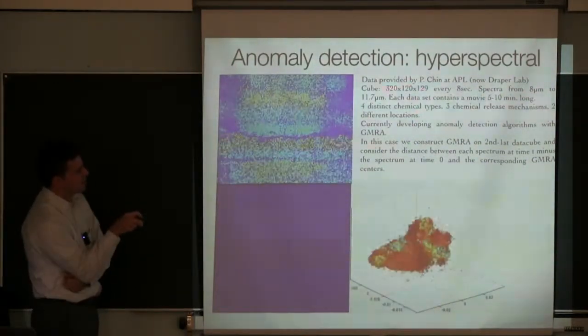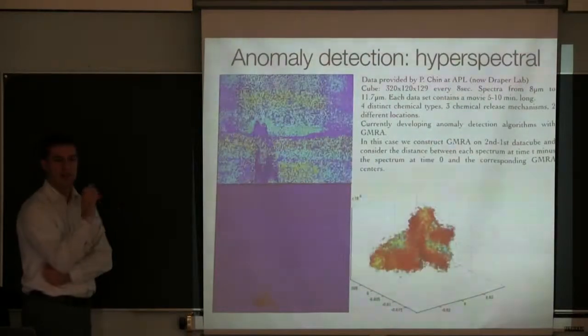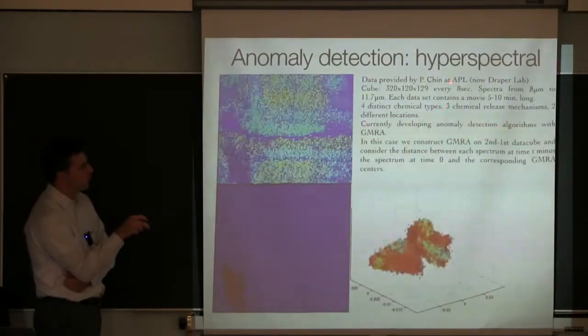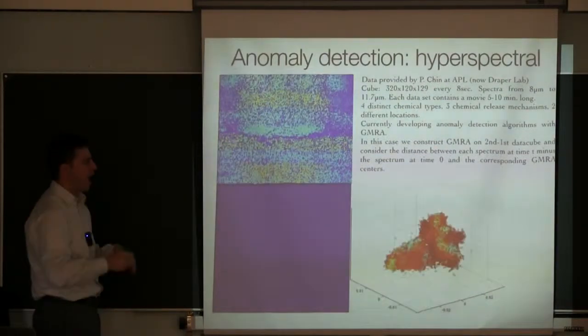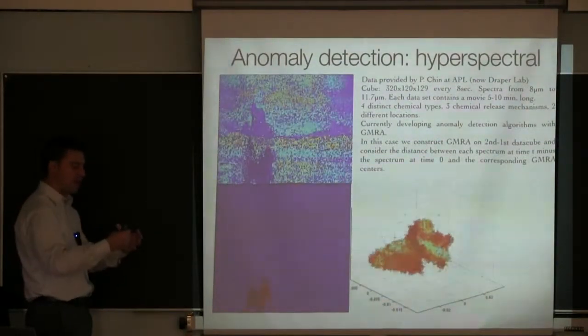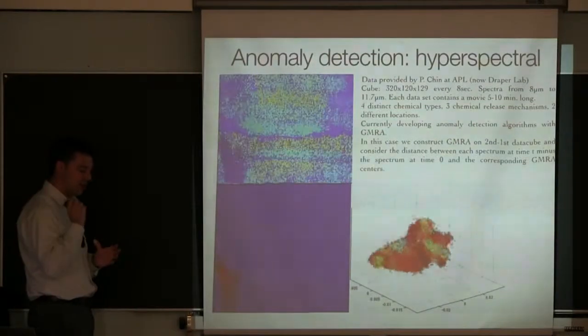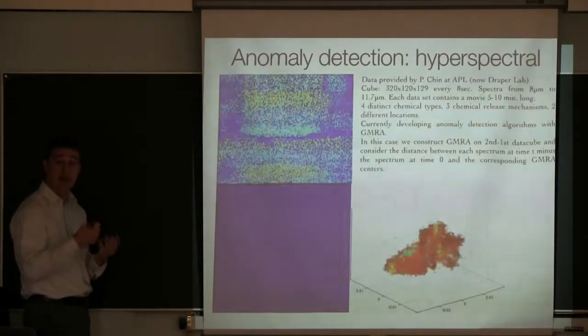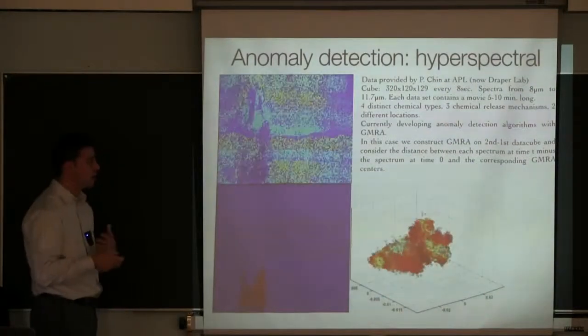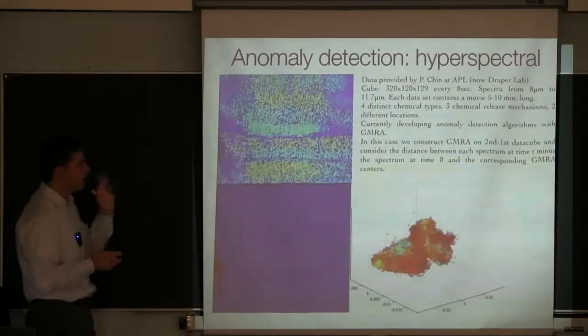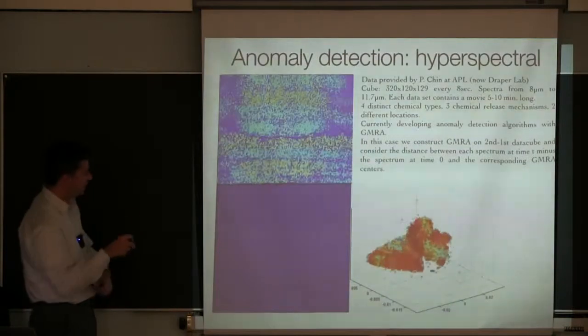What we do is we use the first frame of the movie to learn a distribution in 128 dimensions of normal spectra, of desert spectra. And then, whenever a new frame comes in, we ask which spectra fit our probability measure, are likely according to our probability measure, and which spectra are not likely. The ones that are not likely, we flag as being anomalies.